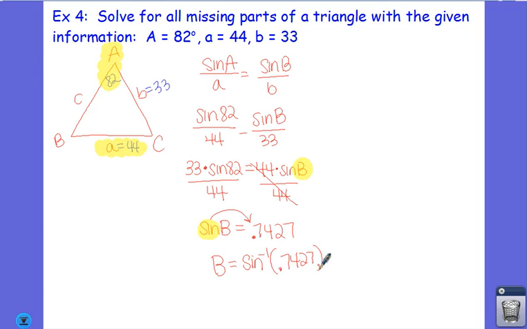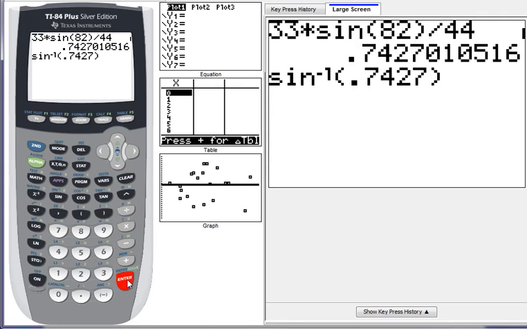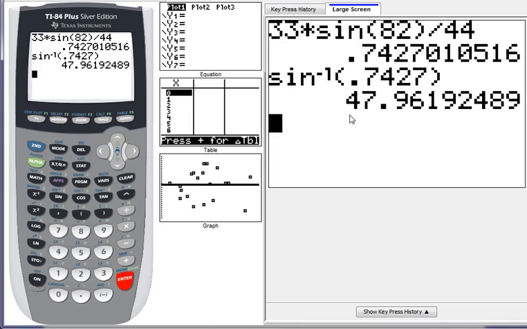So now we're going to use the calculator a second time to solve for that B value. So we're going to do inverse sine. So second sine, there's your -1, of 0.7427. Now you have your answer. 47 point, this 6 makes 9, round up to 10, so this becomes 48 degrees.